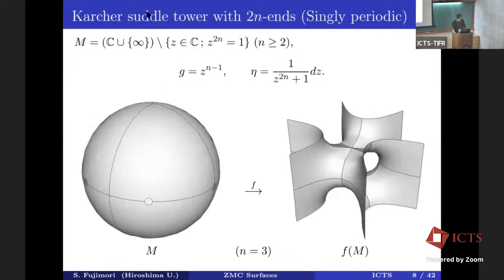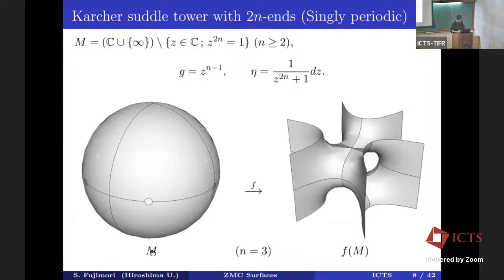And also we see the Karcher saddle tower with 2n ends, which is singly periodic. When n equals 2, it is Scherk's tower. The graphics show the n equals 3 case.